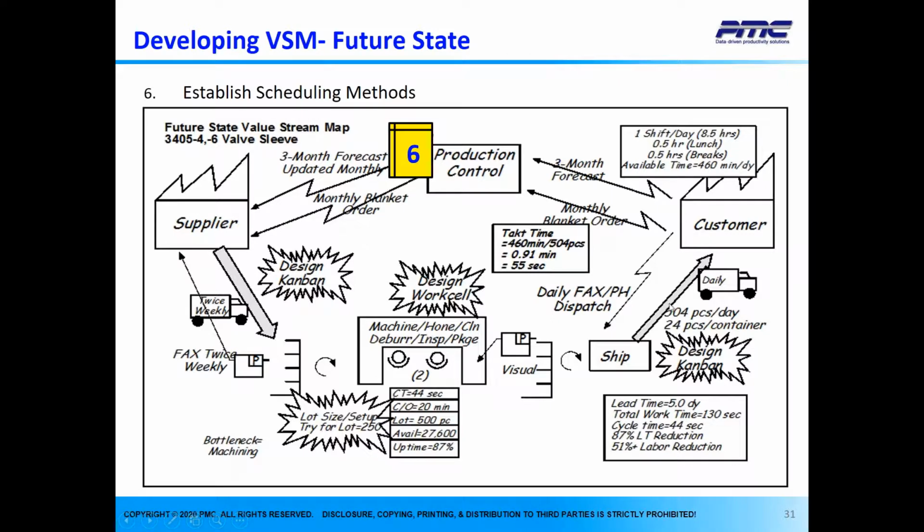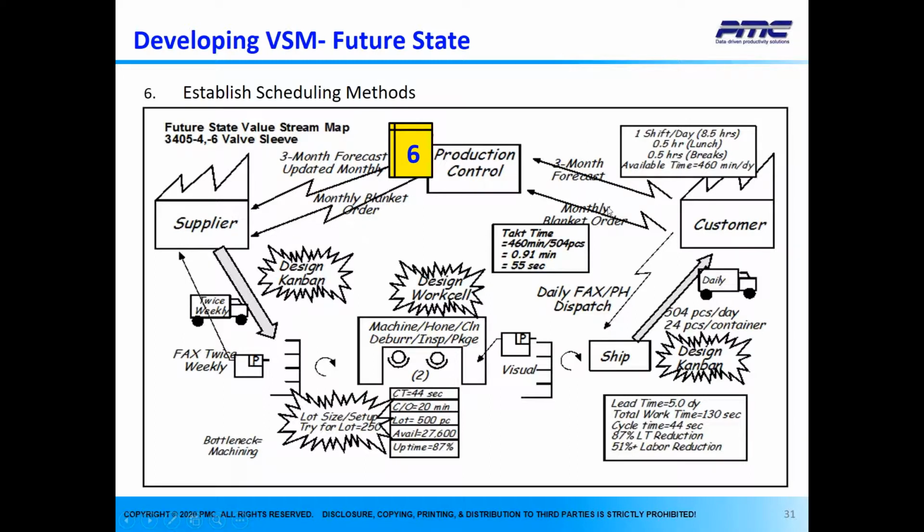So we work with the customer based on the demand. We ask that the customer provide us a 3-month forecast with a monthly blanket order. Then we communicate the 3-month forecast, updated monthly, aligned with the customer and monthly blanket order.